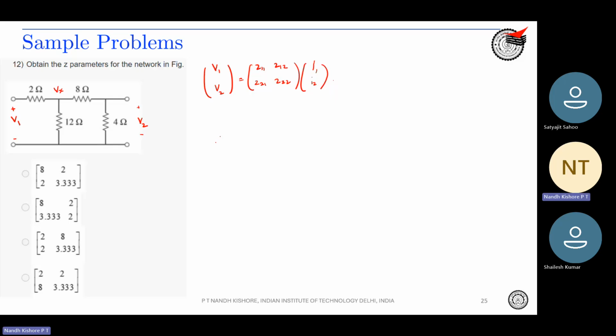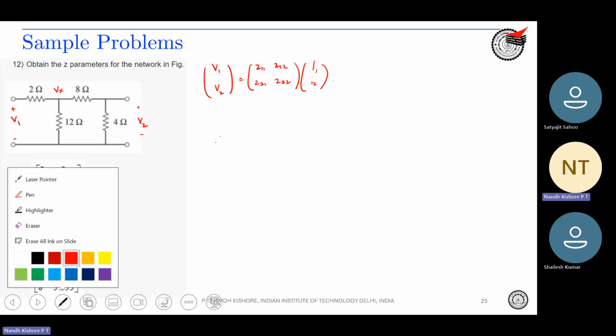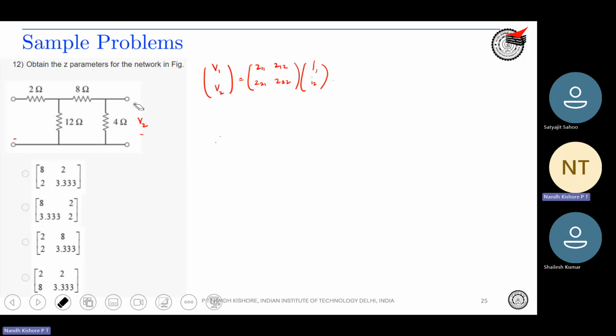Okay. So what I will do is now I will erase this. I will draw the ladder.